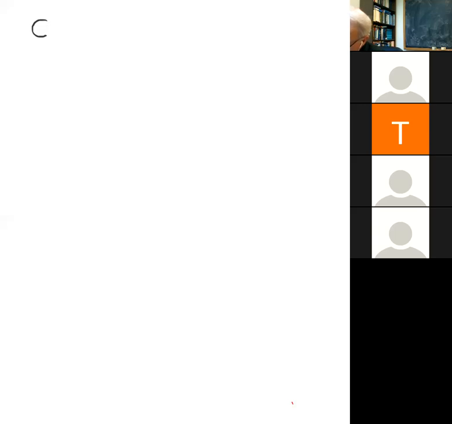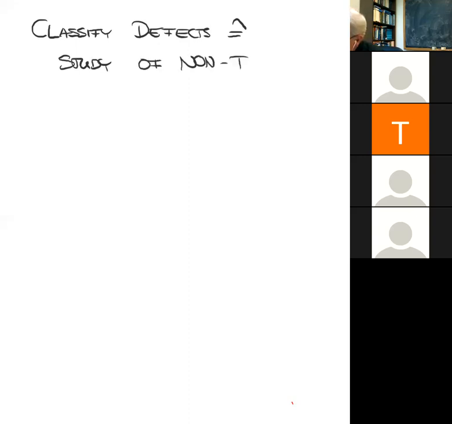So if you want to classify defects, then that's somewhat the same as the study of non-trivial loops in order parameter space.